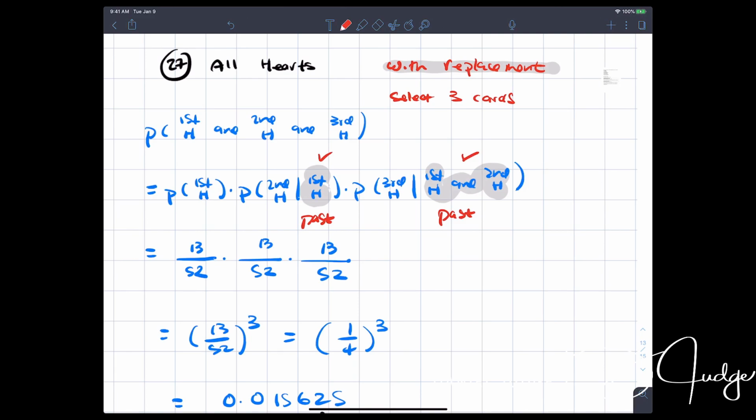So the probability the second card's a heart, we already said it's 3 out of 15. That's the same. The past had no effect. That's the same as the probability that the second card was a heart. Doesn't matter what the condition was, it had no effect.